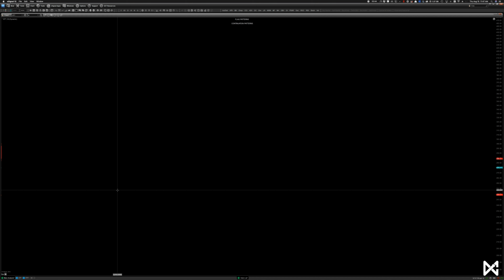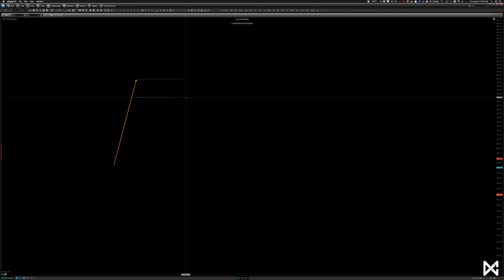So check it out. There's a few different ways that a flag can play out. One of those ways is flat, like a typical horizontal line. Imagine we have a typical horizontal resistance level, and maybe another resistance level or support level below.